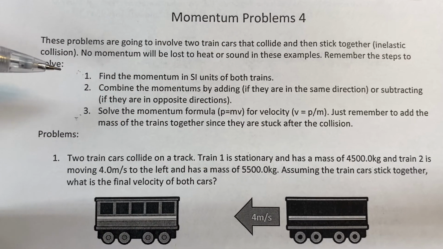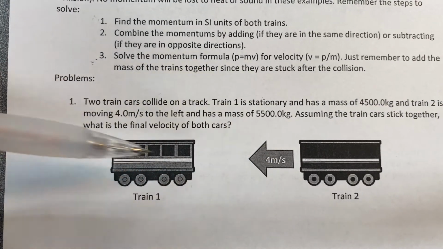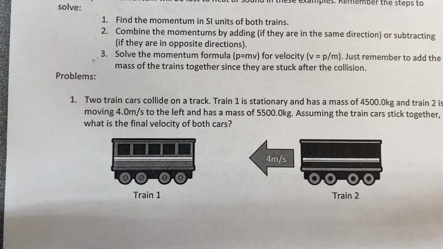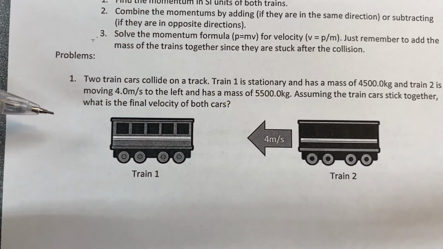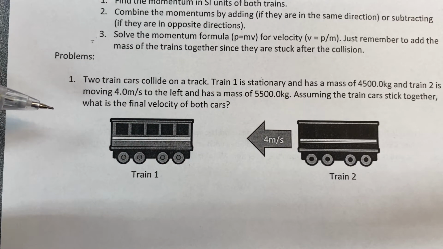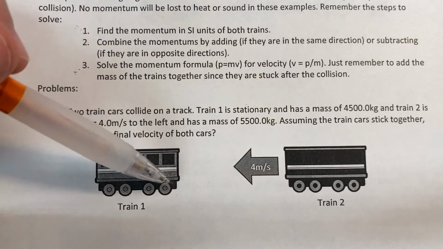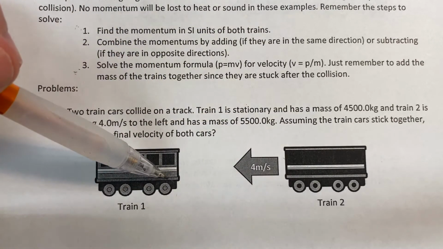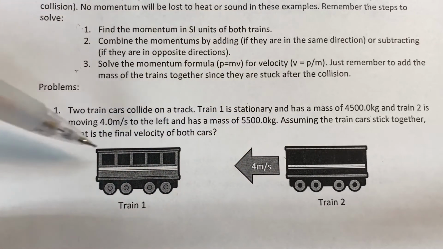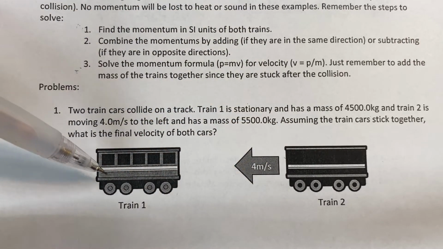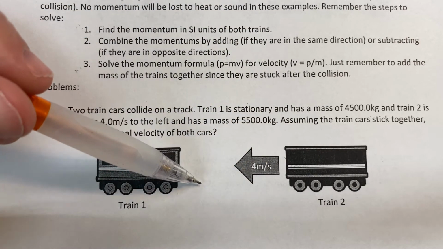All that's basically saying is the momentum of the train cars before the collision has to be equal to the momentum of the train cars after the collision. So when these collide, the total momentum is going to be the same. And since the trains are going to be connected after they collide, we're going to need the total mass of both trains combined so we can solve for what the velocity is going to be.